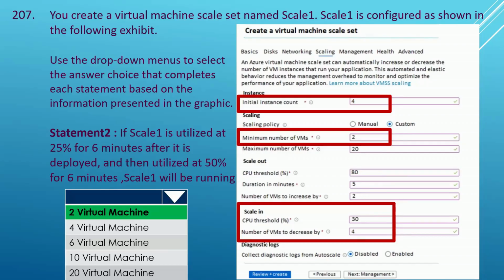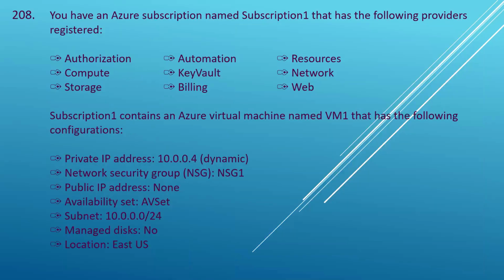Let's look at question number 208. You have an Azure subscription named subscription 1 that has the following providers registered: authorization, automation, resources, compute, key vault, network, storage, billing, and web. Subscription 1 contains an Azure virtual machine named VM1 that has the following configurations.